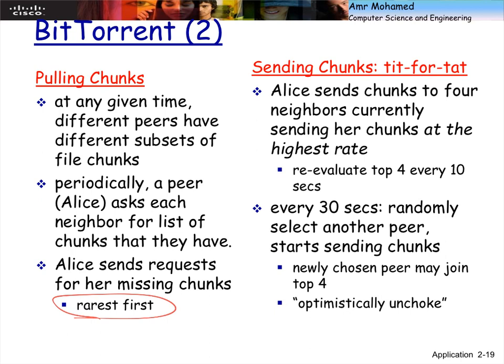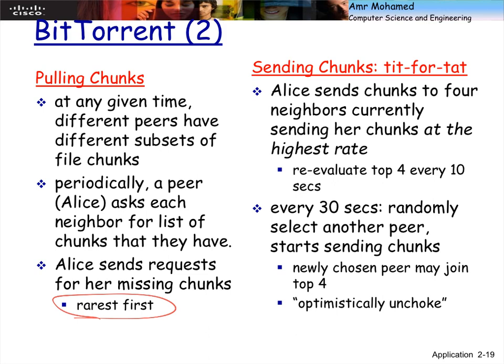Of course, as you download more and more chunks, you can download from one peer, or you can download multiple chunks at one time from multiple peers. So at any point in time, you can maintain multiple connections to all the peers at the same time, and you can download different chunks from different connections, right?